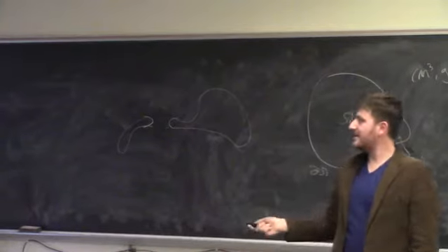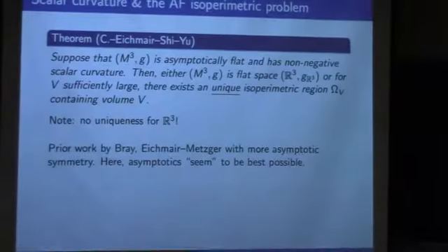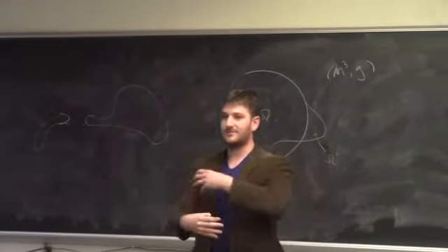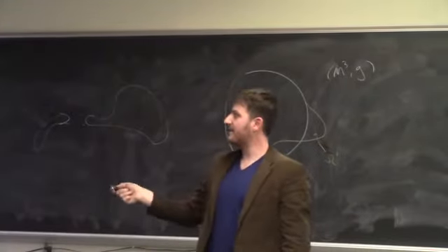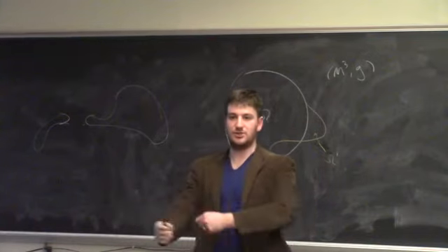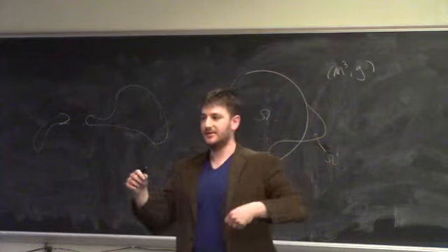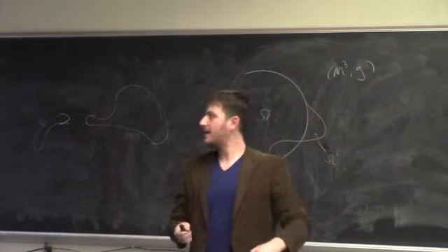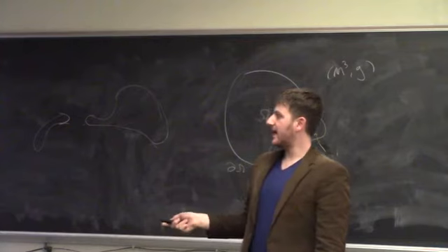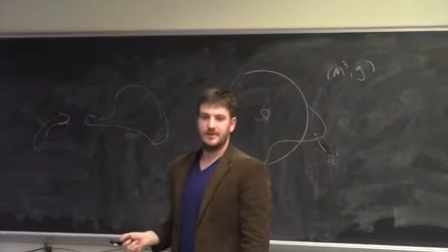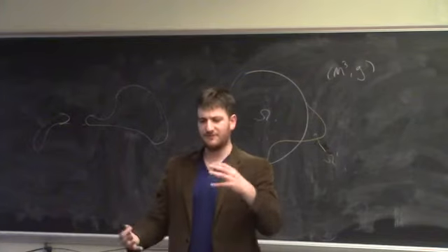I should say that there is prior work here. Hugh Bray in his thesis proved it for the exactly rotationally symmetric case. There's a very important special example of such a manifold, which is the Riemannian Schwarzschild, the rotationally symmetric scalar flat manifold. Then Eichmair and Metzger generalized Bray's argument to allow for some perturbation.